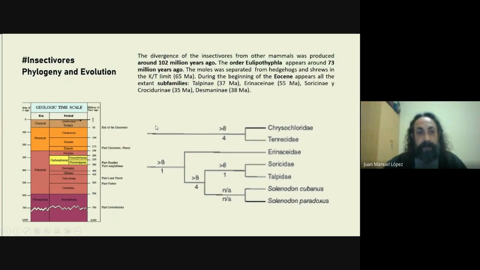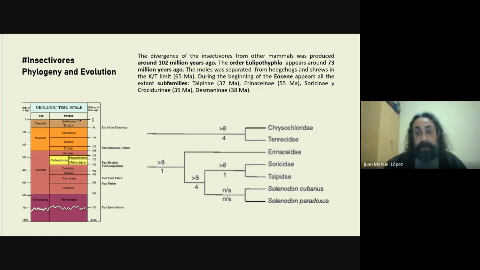The insectivores appeared more or less 102 million years ago, before the extinction of the dinosaurs. But after the K-Pg limit, 65 million years ago, which is here the end of the dinosaurs, there is a dispersion of orders and superorders of these small mammals.